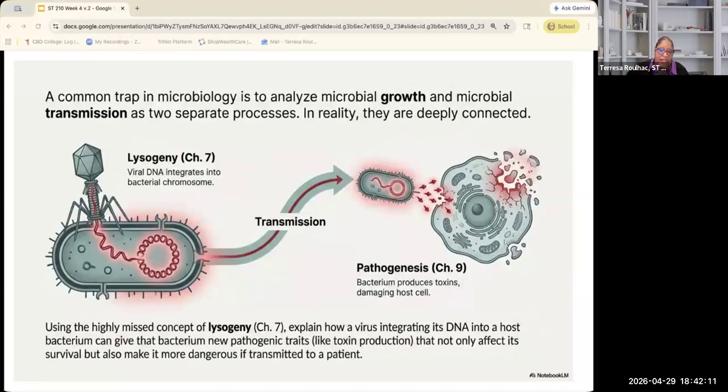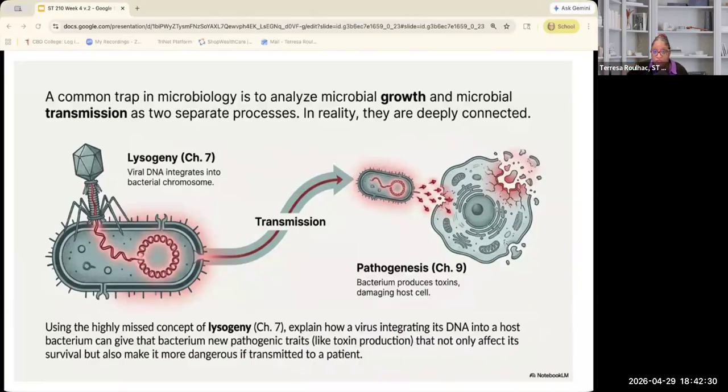Now, we got to talk about a very common trap in micro. Many people learn growth and transmission as if they are two unrelated topics. But in reality, they are deeply connected.